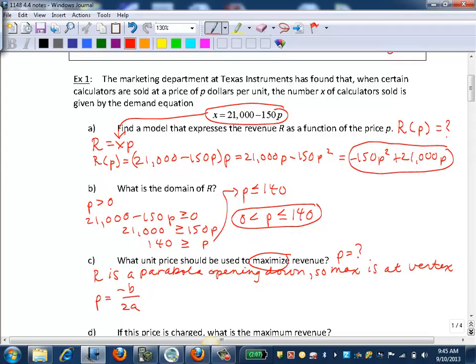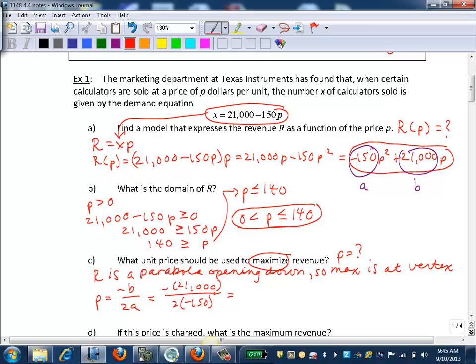So in this case, this is why I had you write this in descending order up here, so you don't get confused and accidentally mix up the a and the b. So here's our a, and here's our b. So if we fill in, we want the opposite of 21,000 over 2 times negative 150.